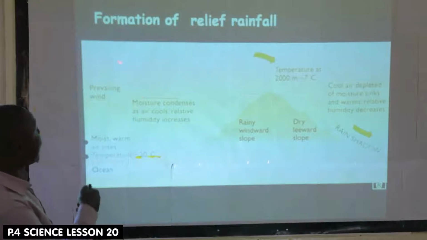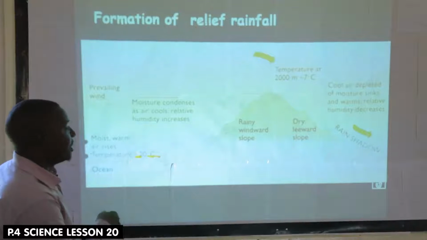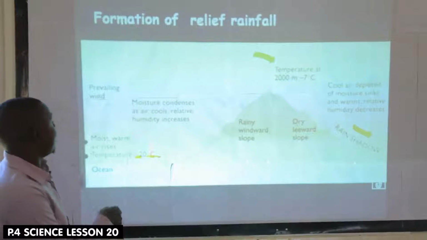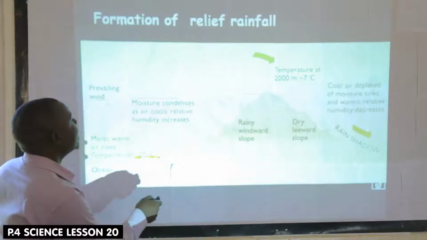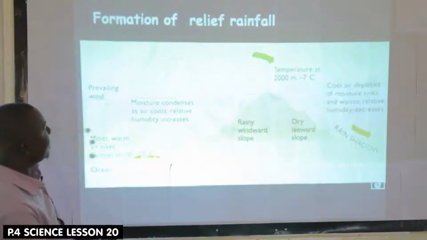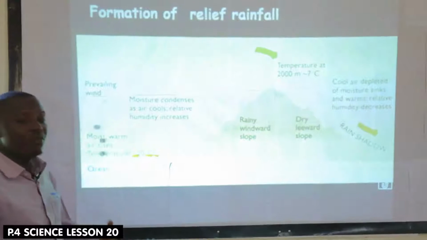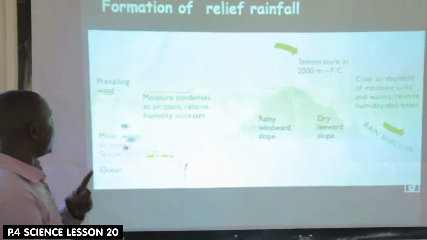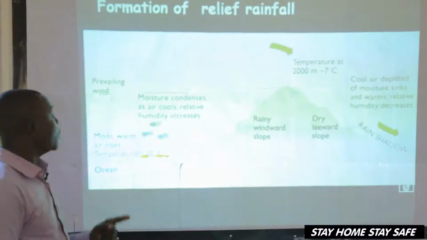Now, when it is heated by the sun, the water evaporates, and it moves up in the sky. The air that is moving is moist and warm.